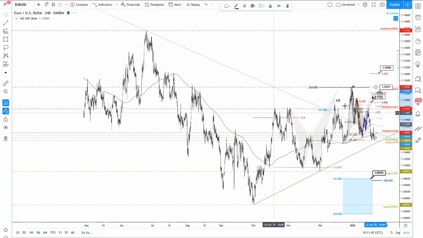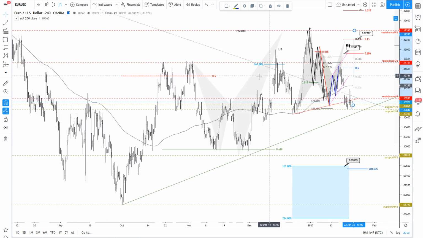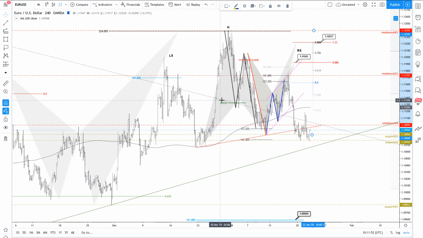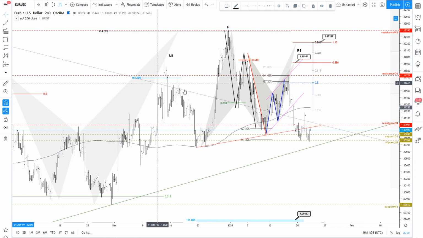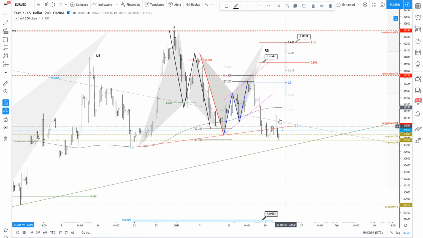As we can see, it's not an easy task to break a major trend line resistance. It comes from higher prices, with the price retesting and recovering that trend line multiple times, as we can see here. So we are again trading below that major descending trend line.